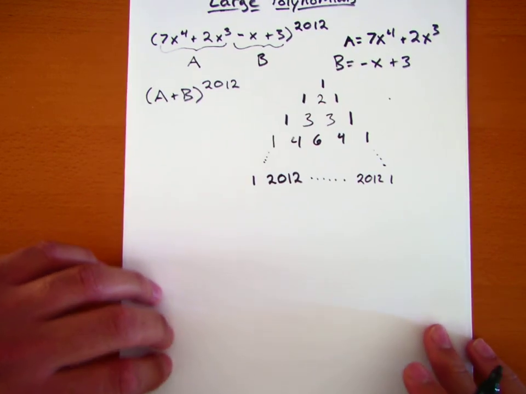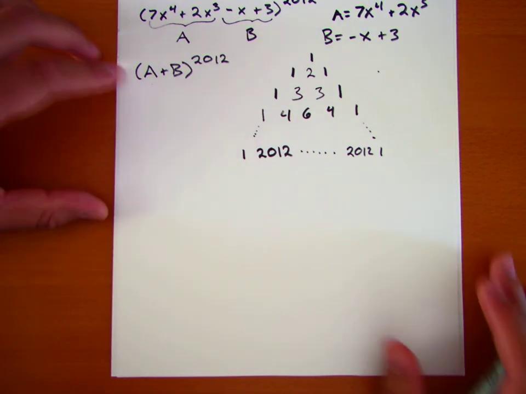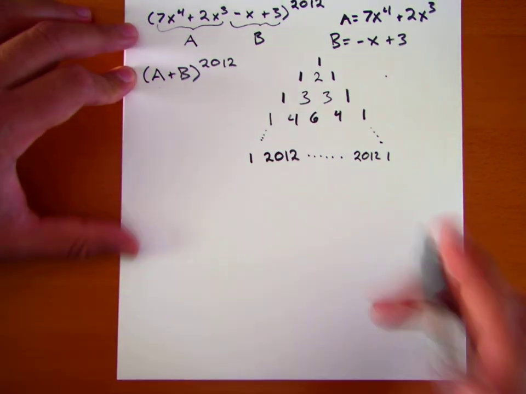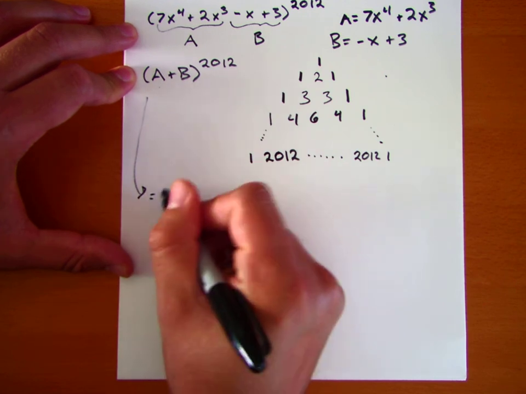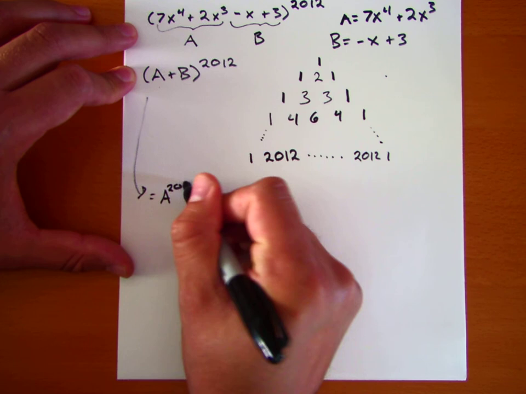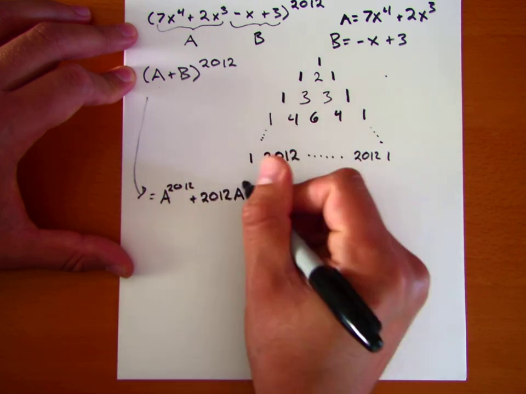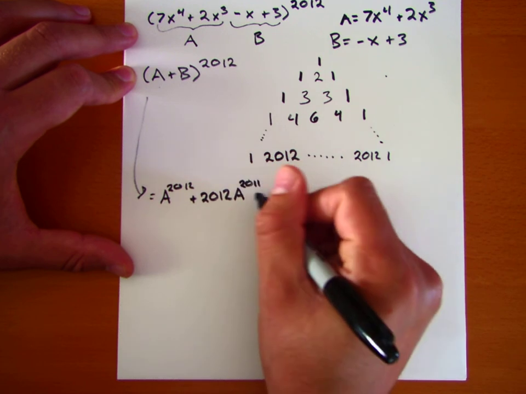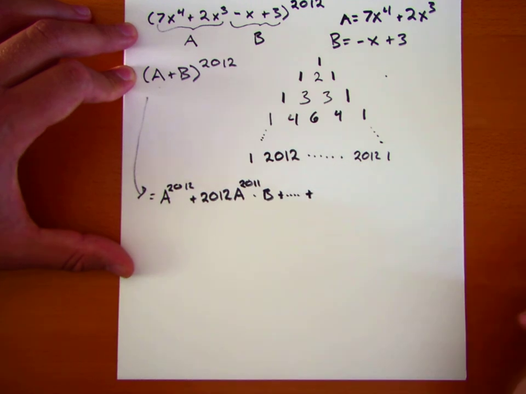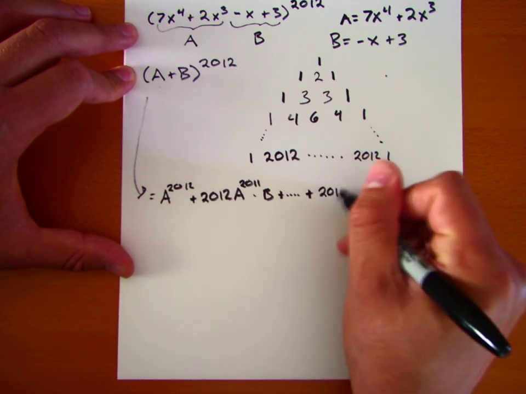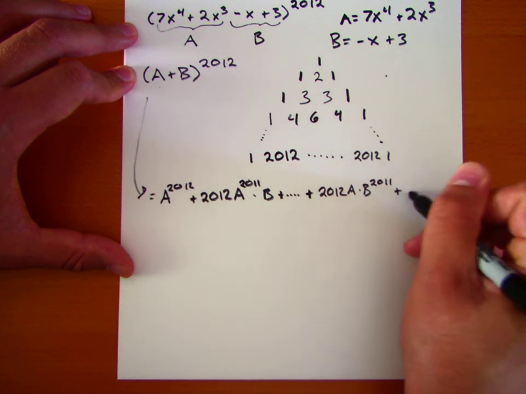So if we apply these coefficients, A plus B to the 2012th power is going to equal something like A to the 2012 plus 2012 A to the 2011 times B to the first, plus a bunch of stuff in the middle, and then plus 2012 times A times B to the 2011 plus B to the 2012.